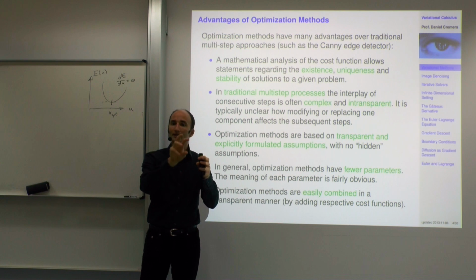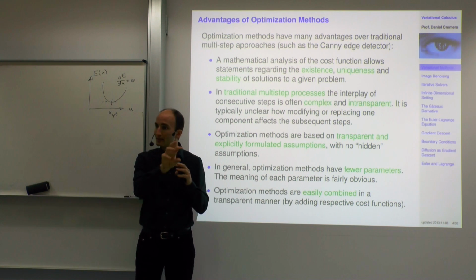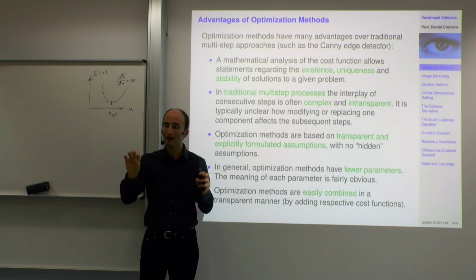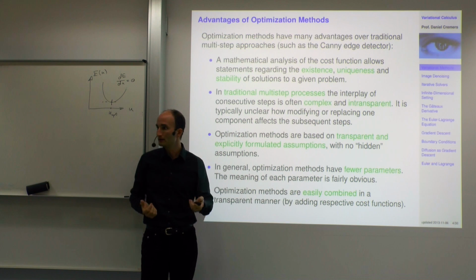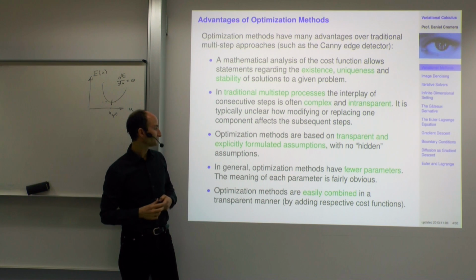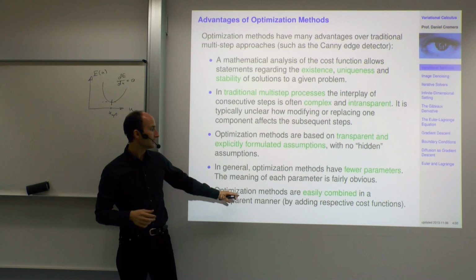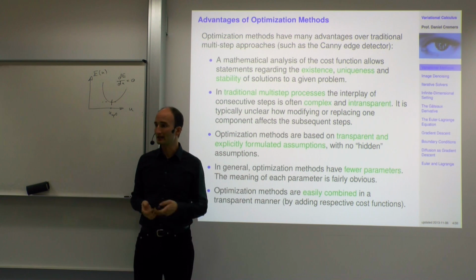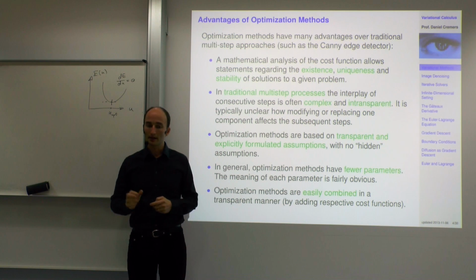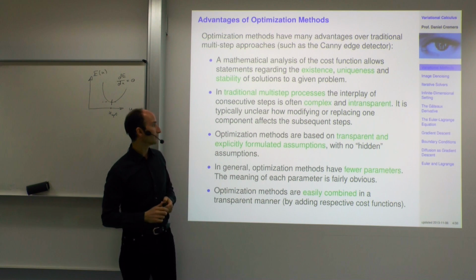Essentially, rather than replacing one of 7 or 10 steps in a processing pipeline, you replace one of the terms in the cost function and then minimize the new cost function. And so you can easily combine optimization techniques essentially just by adding different cost functions that aim at different criteria.